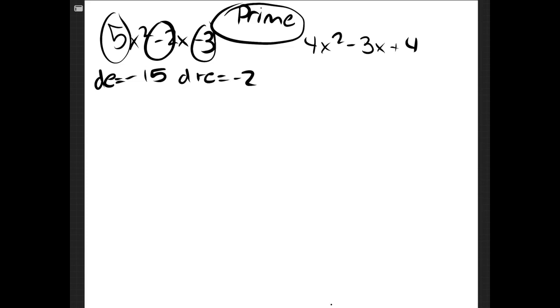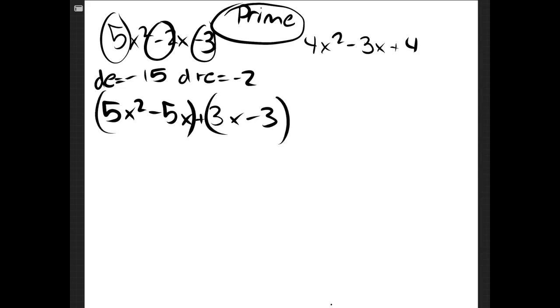So what you have to do is group this like this. Minus 5x plus 3x minus 3. And then we can group these like this, and now we can take out the GCF. For the first one, the GCF is 5x times x minus 1, because 5x squared over 5x is x, and negative 5x over 5x is negative 1.